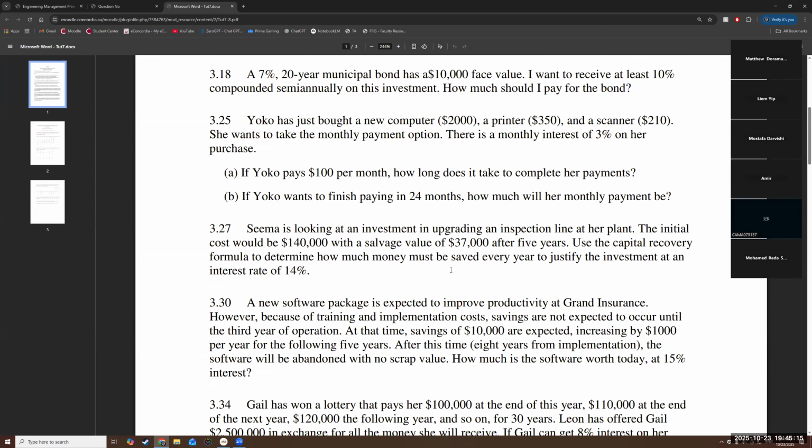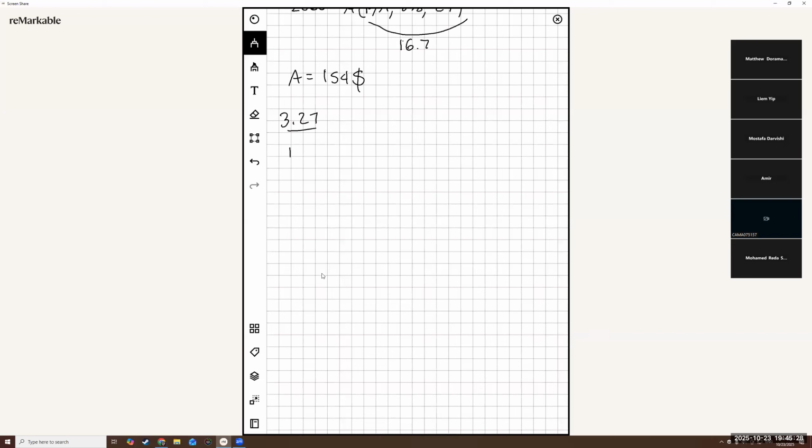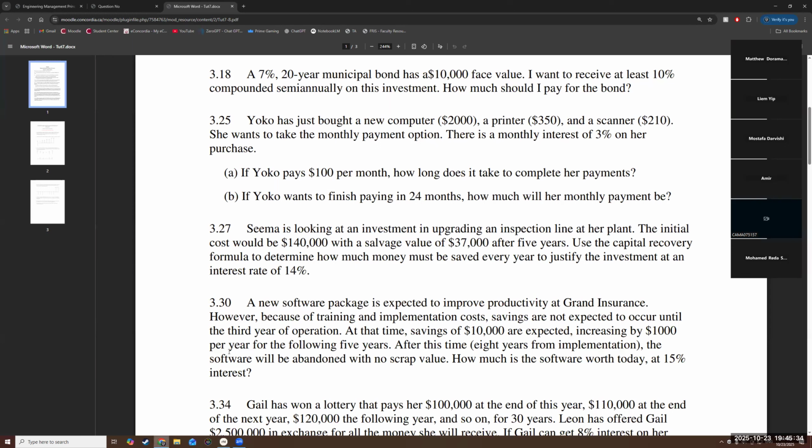So it says Seema is looking at an investment in upgrading an inspection line at her plant. The initial cost would be $140,000. Okay, let's mark that down. That is a present value because you're paying it right away. With a salvage value of $37,000 after 5 years.